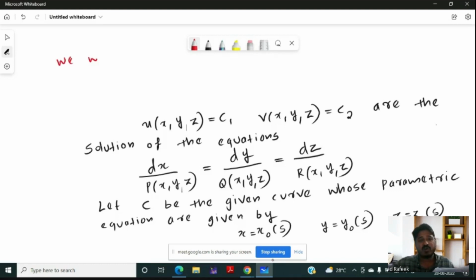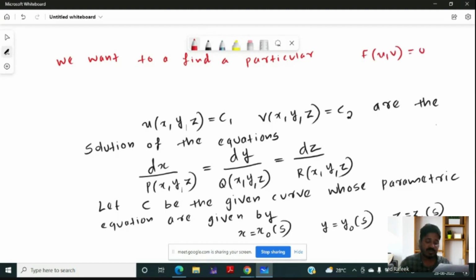We want to find a particular f such that the surface f of u comma v equal to 0 contains the initial curve C.